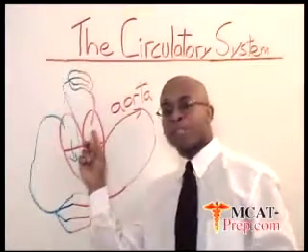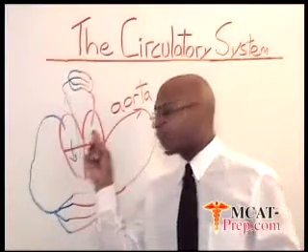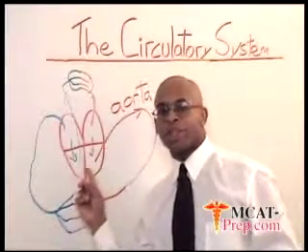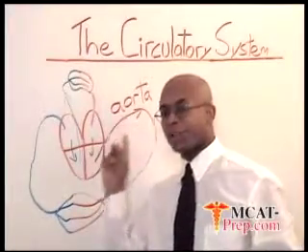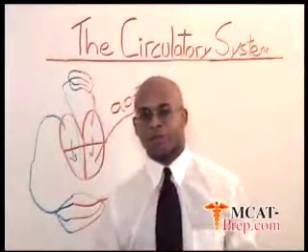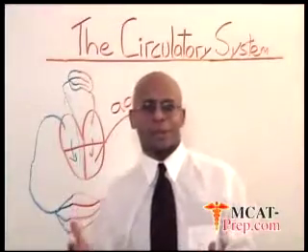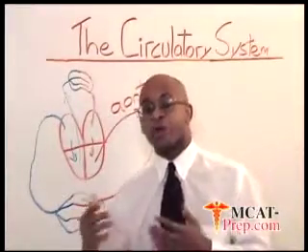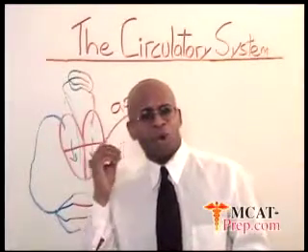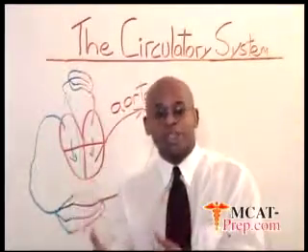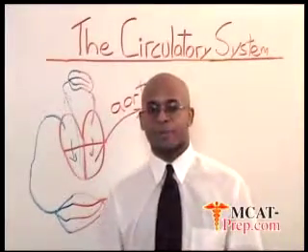And when blood comes into the left atrium, pushed into the ventricle, when the ventricle contracts, then blood will go into the aorta and not back into the atrium. In fact, if there was a problem with one of the valves in your heart, then you would hear a heart murmur, which is an abnormal sound between the normal heart sounds.